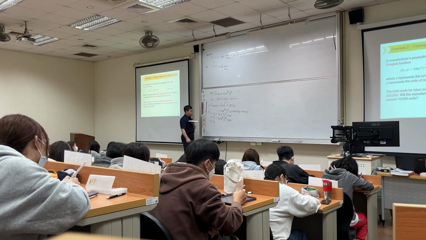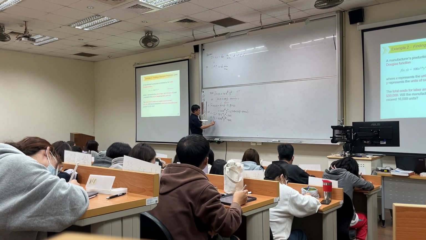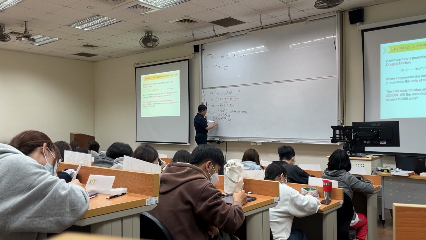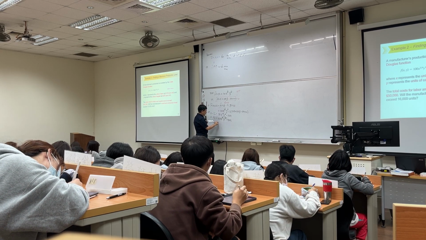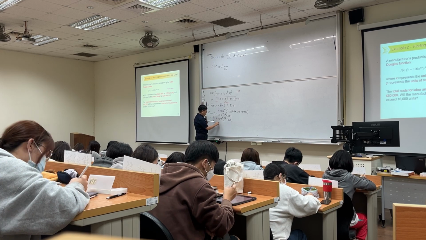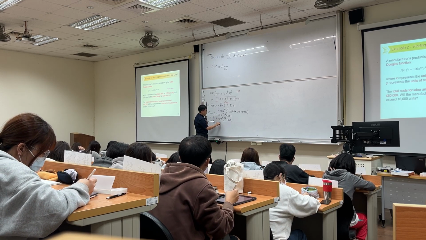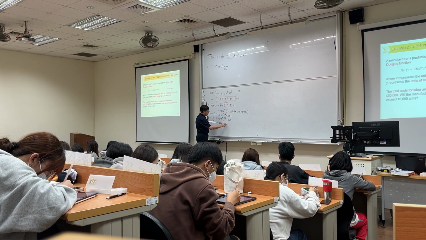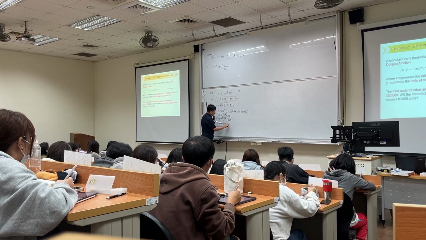And the last partial derivative is just the constraint function: 150x plus 250y minus 50,000.